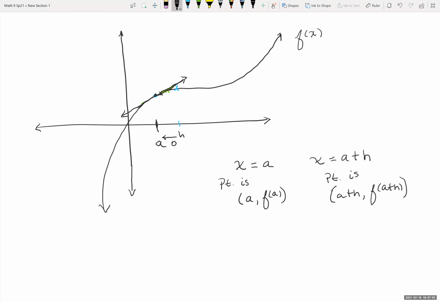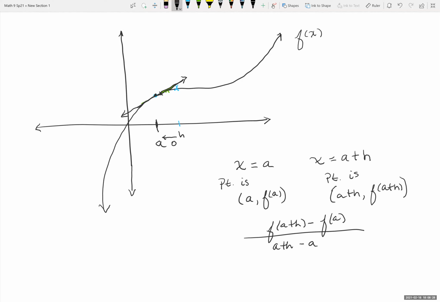And so if we now take the slope of that, so the change in our y value, f of a plus h minus f of a, all over the change in our x value. So I started with a plus h, this point, so a plus h minus this x value, a. The thing is, we want this h value to be very, very small, getting closer and closer to a.